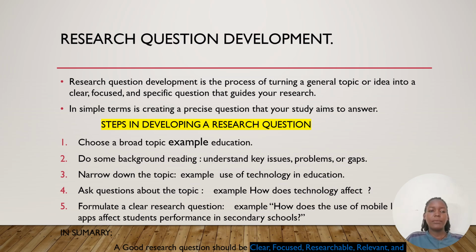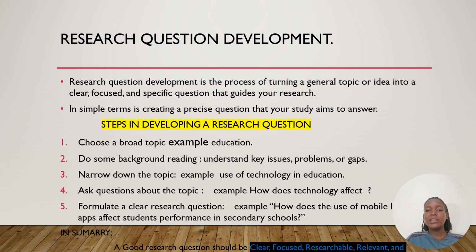So steps in developing a research question: you choose a broad topic, for example, education. Then do some background reading, understand key issues, problems, or gaps in education. Then you narrow down the topic, for example, use of technology in education. Then ask questions about the topic.